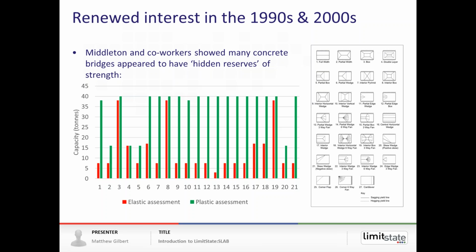Now, it's perfectly possible that, in the case of, for example, bridge 14, mechanism 28 was actually more critical. Mechanism 28 clearly didn't exist in the program, and hence the assessed capacity would be unsafe. So there's always a nagging doubt when you use this kind of technique that you've missed the correct failure mechanism.